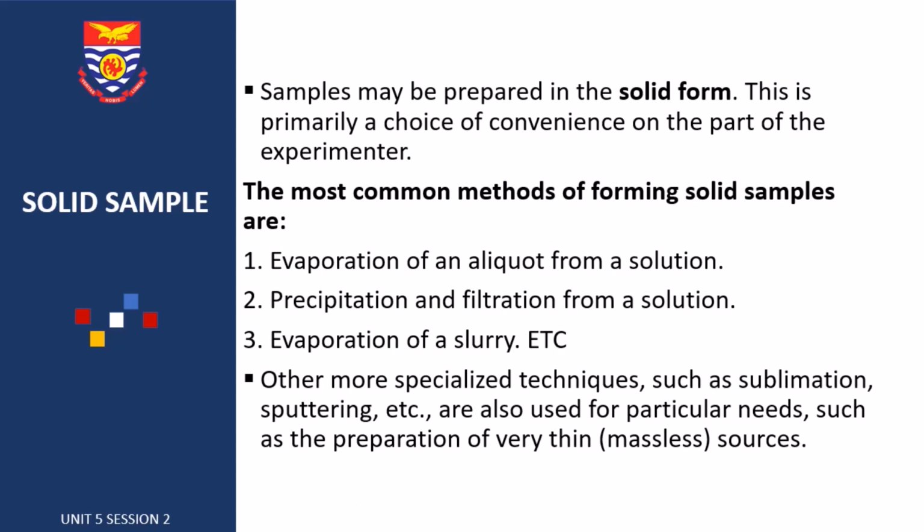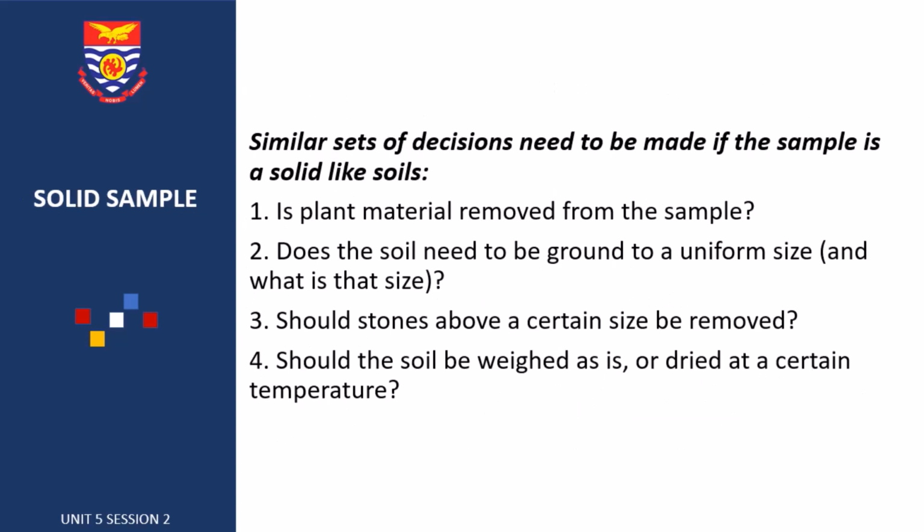Now when we want to produce very tiny massless samples for analysis, we can use techniques such as sublimation, sputtering, and some other methods to achieve these weightless or massless samples. So if our sample to analyze is a solid like soil, we need to ask ourselves certain questions.